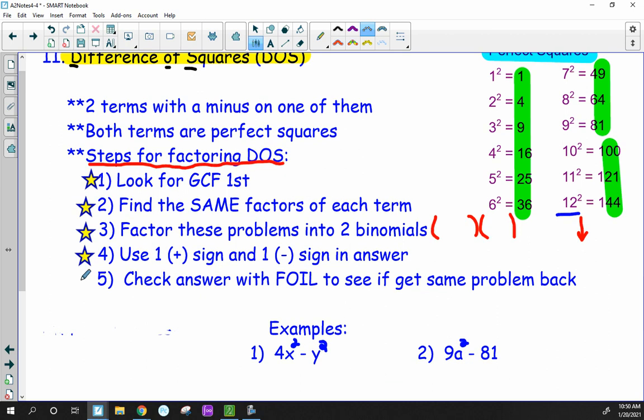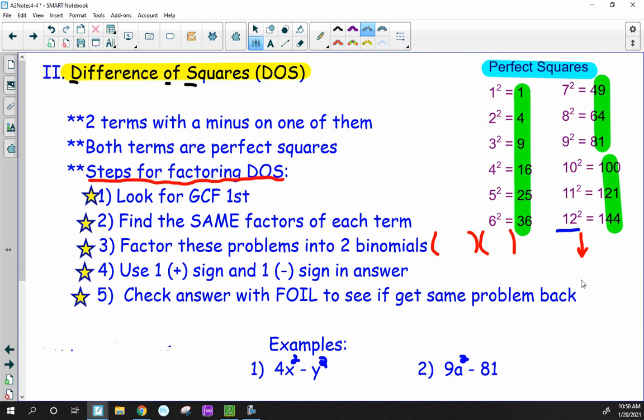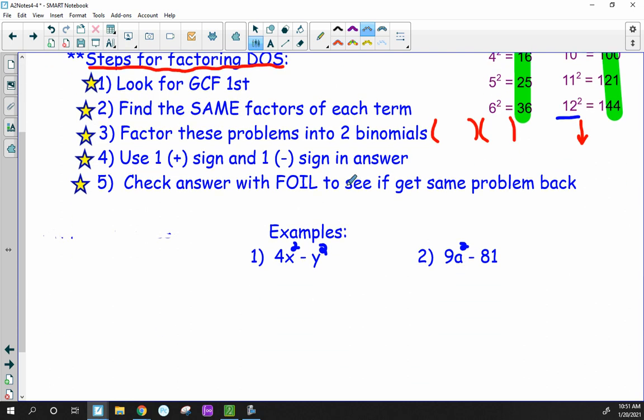And step 5, you are to check your answer with FOIL to see if you get the same problem back. Alright, so again, DOS, there will always be two terms. There will be a minus sign on one of them. Look for numbers that are in this list to appear, and go from there.